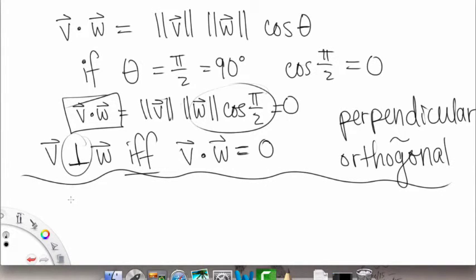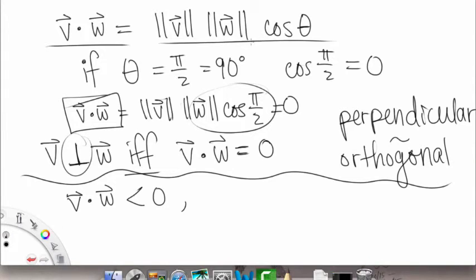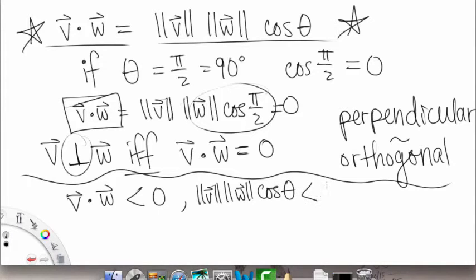Okay, and again, more about angle. Let's explore, what if V dot W turns out to be less than 0, like a negative number, right? Then that means that the right side has to be negative due to this equation up here. So if that's less than 0, then that means that magnitude of V times magnitude of W times cosine theta has to be less than 0.